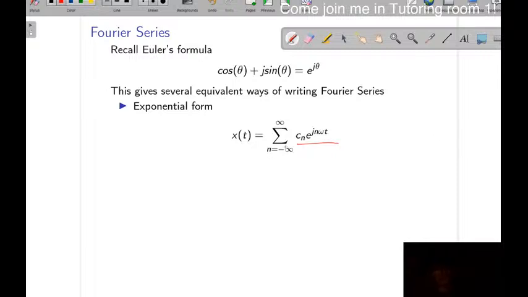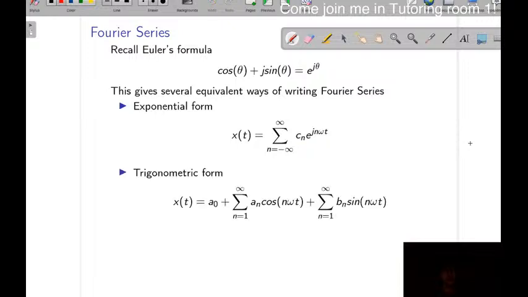We also get a very similar form through Euler's formula, the trig form, which is essentially just applying this identity here to this one. It's a pretty simple proof if we get into the details. I'm not going to, but I think you could do it if you're really interested.